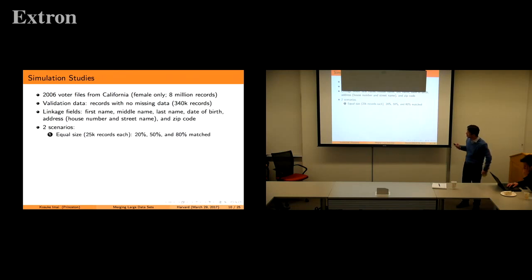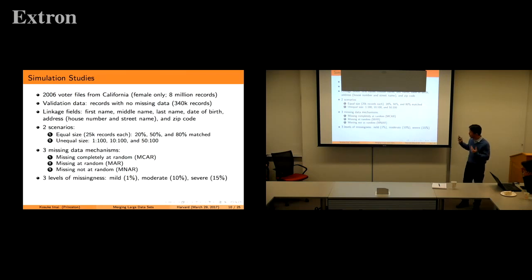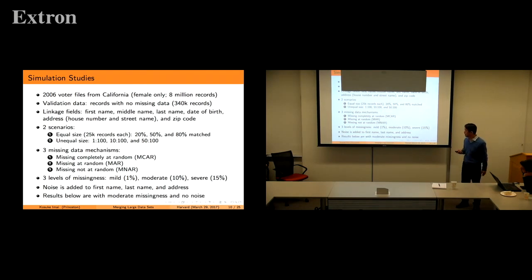We had several scenarios: two equal-sized data sets, unequal-sized data sets, and different missing data mechanisms, such as missing completely at random, with different levels of missingness. We also added noise, like changing the names a little bit, to see how robust it is.